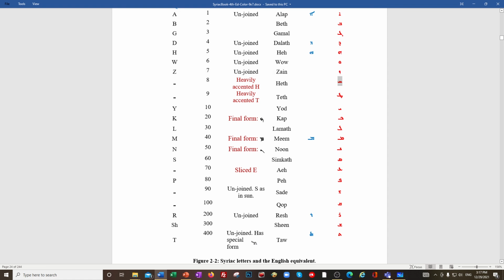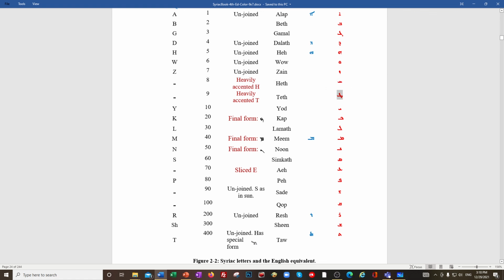Hath, and the sound of Hath is a heavily accented H. It looks like Hath, because I don't have any equivalent in English, it is H. Numeric value is 8.